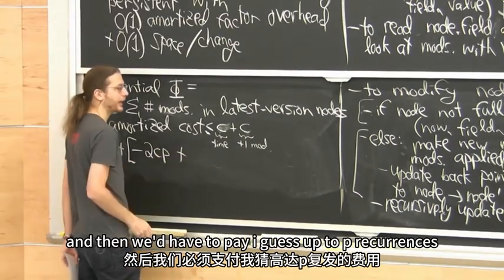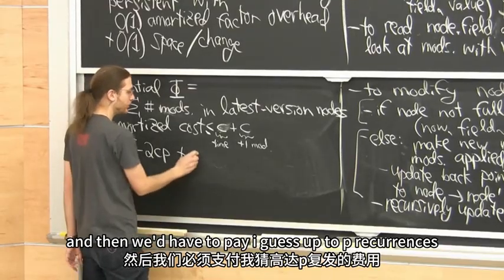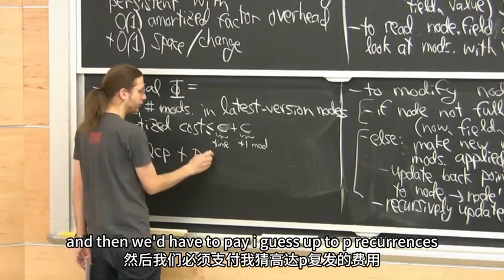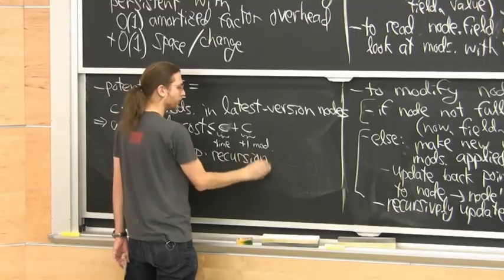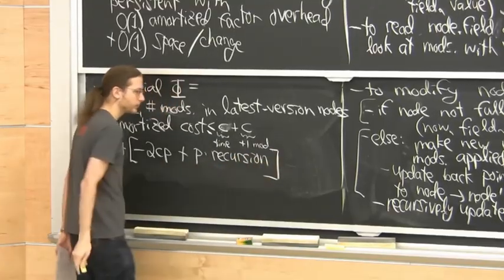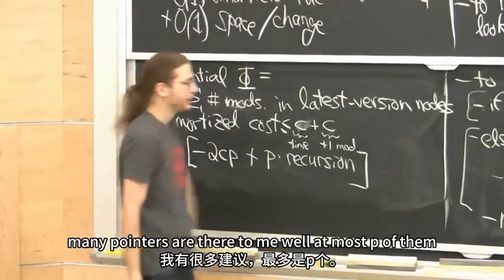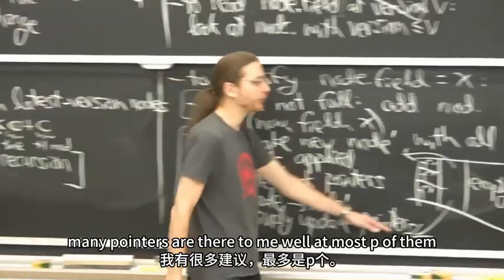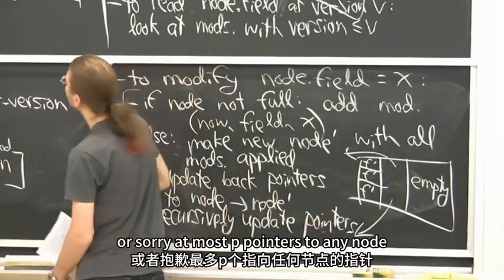And then we'd have to pay, I guess, up to P recursions. Because we have to, how many pointers are there to me? Well, at most P of them, because there are at most P back pointers, or sorry, at most P pointers to any node.